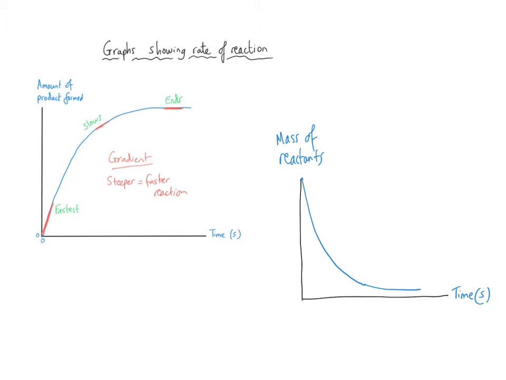However, we've got the same characteristic sections. So the mass of reactant goes down very quickly at the beginning, and so this part of the graph is for the fastest part of the reaction. And then the reaction gets slower once again, and then the reaction stops because the mass of the reactant is not going down anymore. It's reached its minimum point.